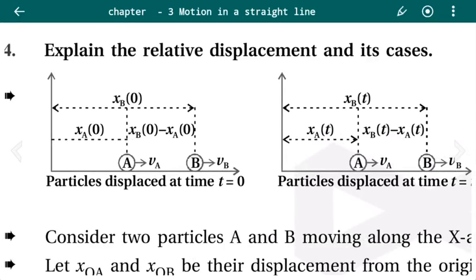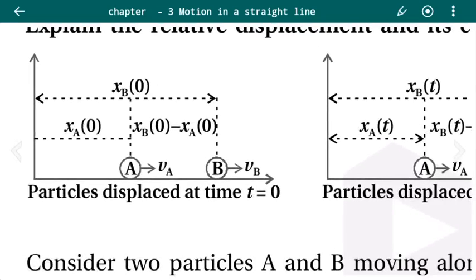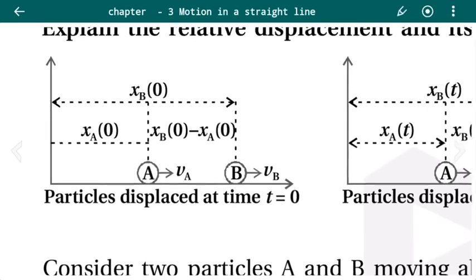The position of particle A is denoted by A, and the position of particle B is denoted by B. The velocity of A is VA and the velocity of B is VB, and the motion is along the positive x-axis, as you can see in the figure.